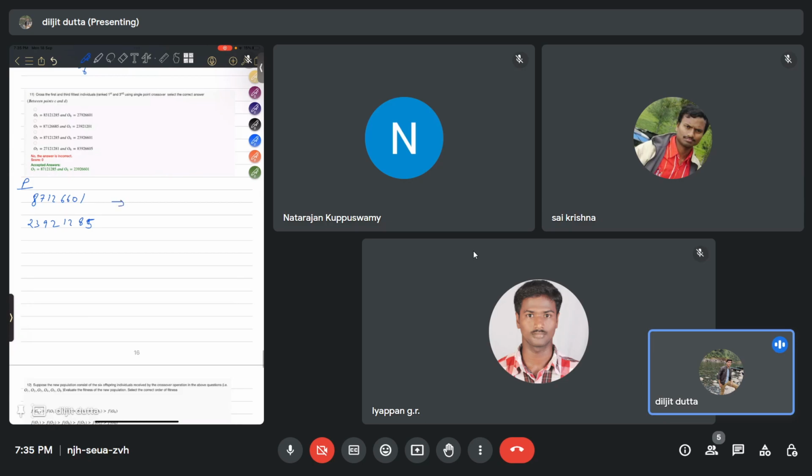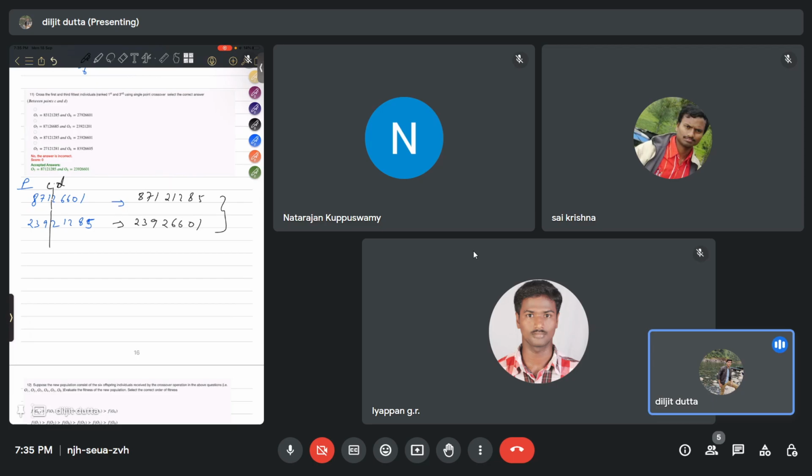We have to select the crossover site between C and D. This is C, this is D. Between C and D is the crossover site. So it will be 8712 1285 and 2392 6601. These are the children.